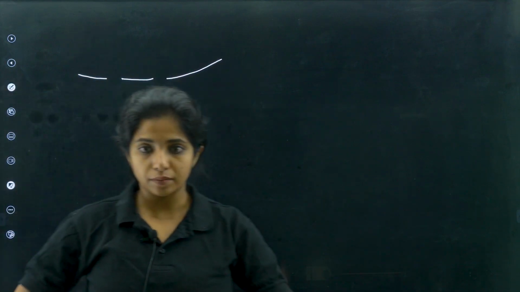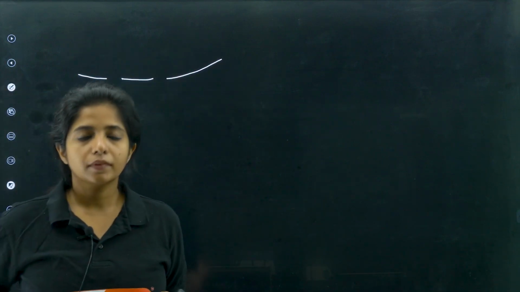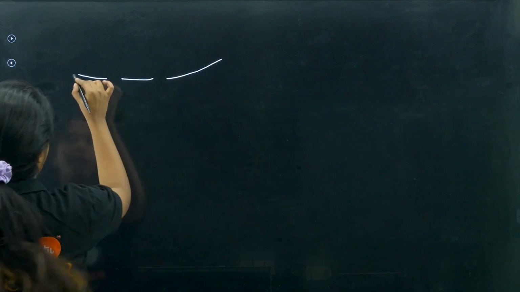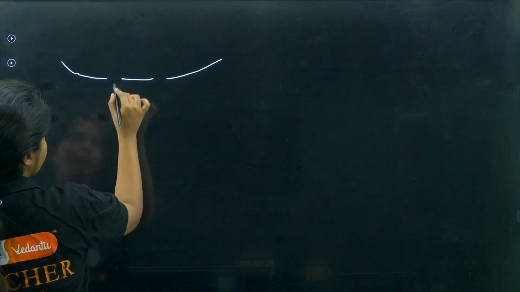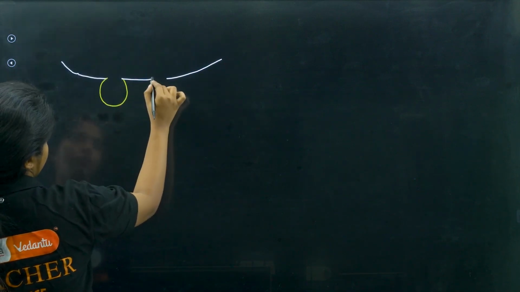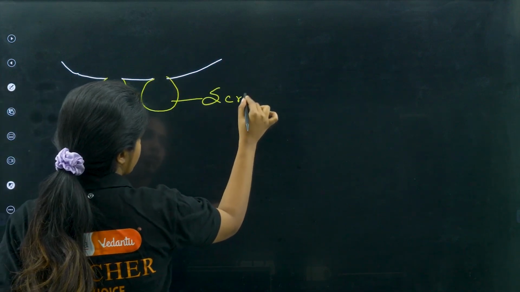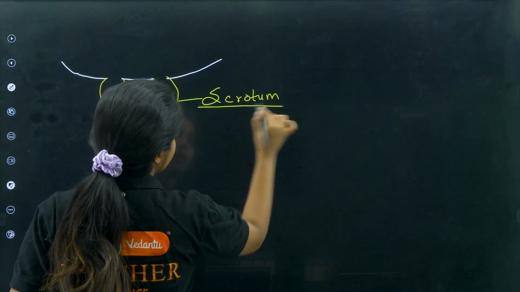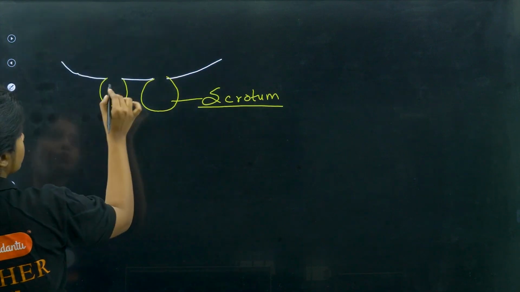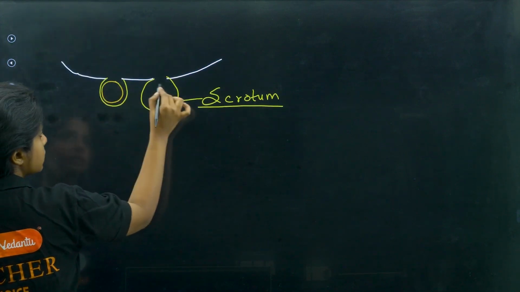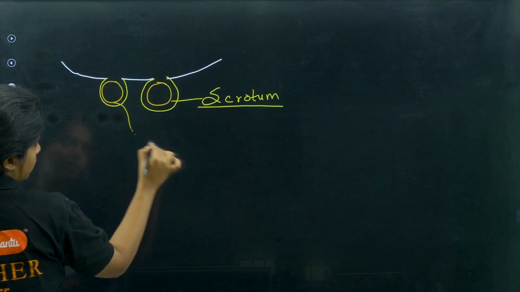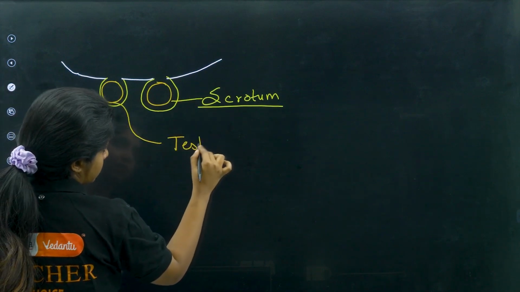You know the abdominal region. Below your stomach, males have two sac-like structures which are known as the scrotum. Now inside the scrotum lies one very important organ, the testis.